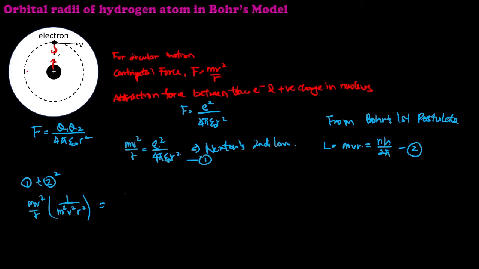Okay, and then e squared per 4 pi epsilon naught r squared, and this one will be n squared h squared, sorry, it is 4 pi squared over n squared h squared.